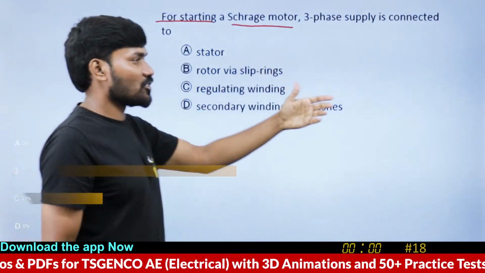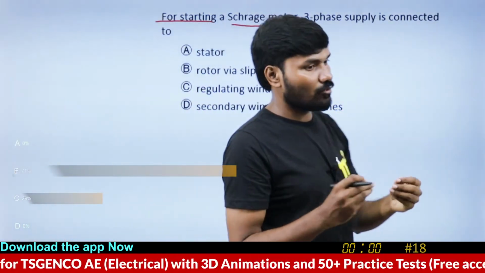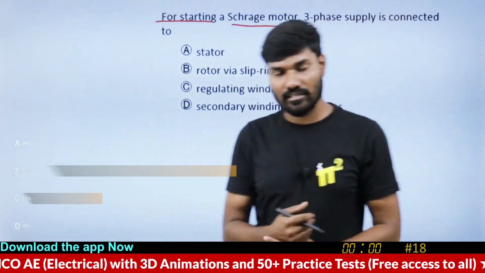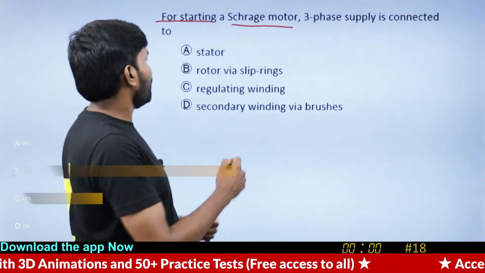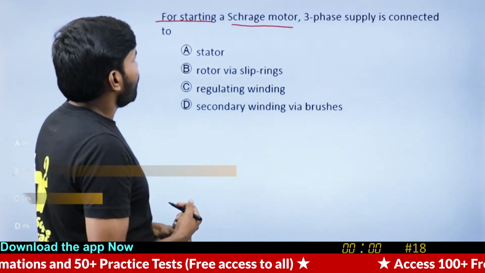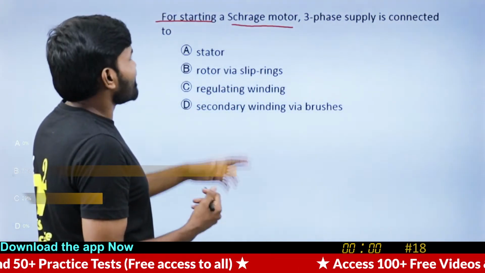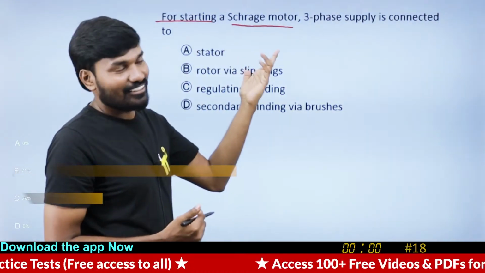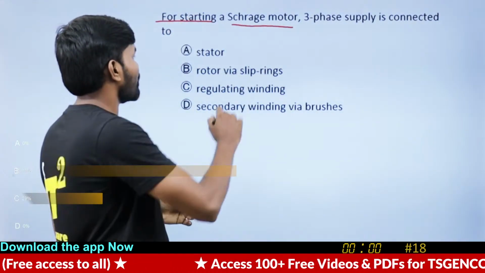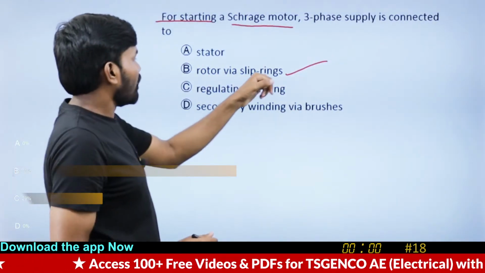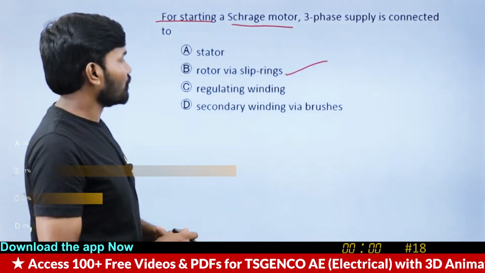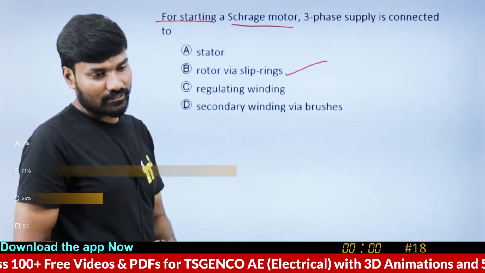In the case of a slip ring induction motor, for starting purposes, we add resistance in the rotor. But for this, the three-phase supply will obviously be connected to the stator anyway. For starting, extra, we will connect a three-phase supply to the rotor through slip rings.